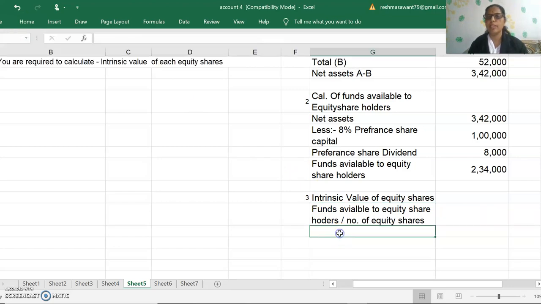So find out the funds available, that is 2,34,000. That is your answer for calculation number 1. 2,34,000 divided by number of equity shares.